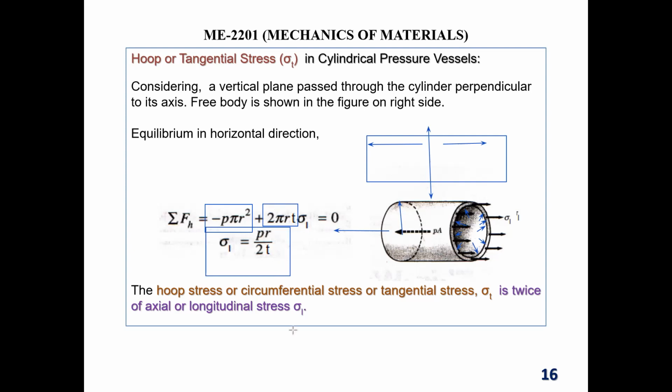So you see, we are getting two formulas. We are getting sigma T equals P r by T, and sigma L equals how much? Sigma L equals P r by 2T. So which one is bigger? Anyone?